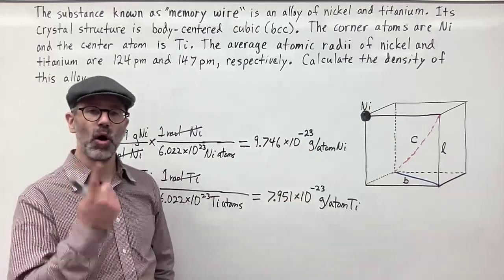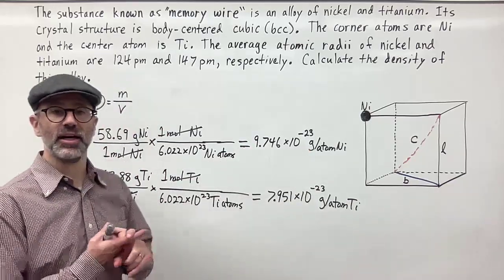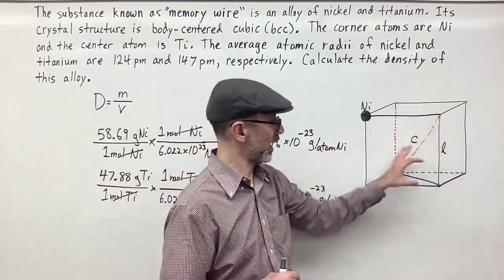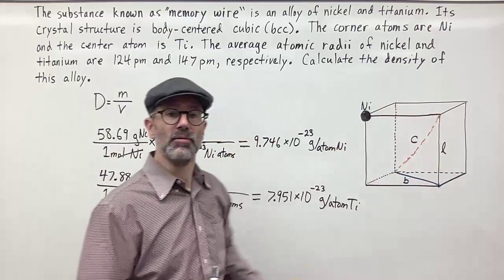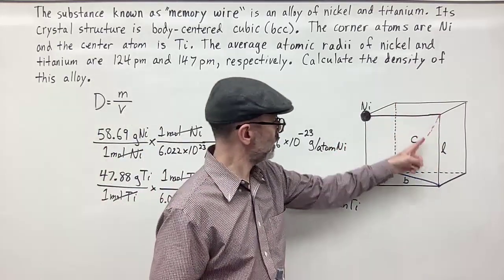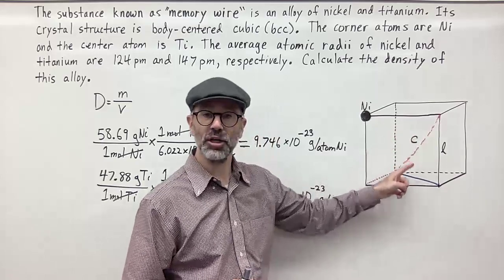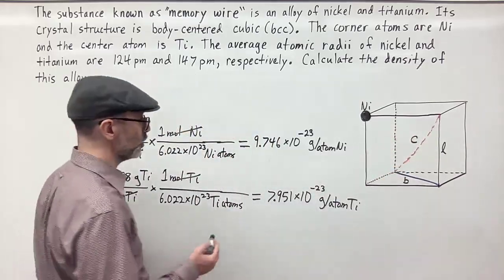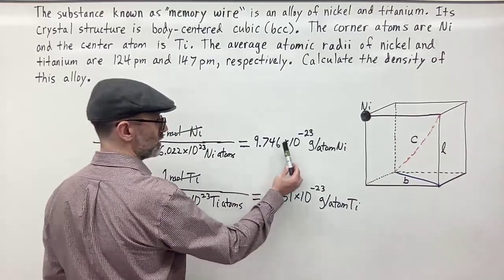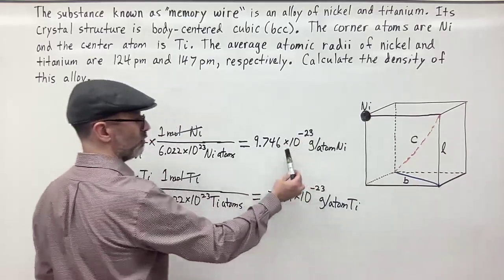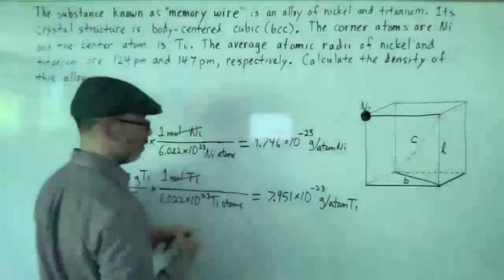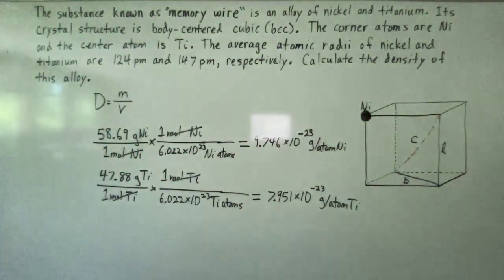So now I have the grams per atom of both nickel and titanium. I know I have 1 atom of each. I have 1 complete atom of nickel inside my space here, and I have 1 atom of titanium in the center. So that means I have 9.746 times 10 to the negative 23rd grams of nickel atom, and I have 1 of these as well.